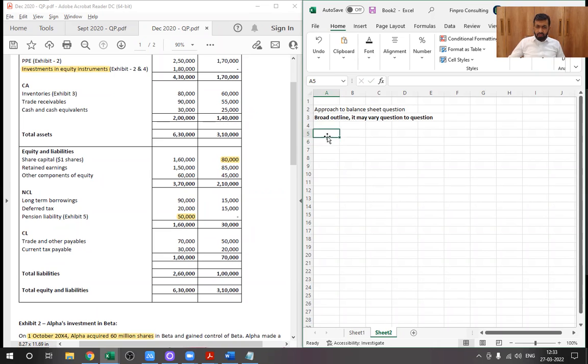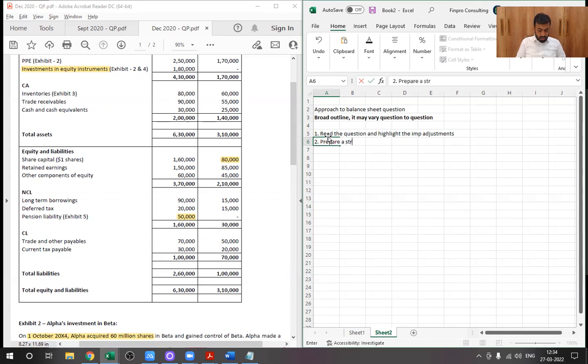The first thing which you should do is read the question, and highlight the important adjustments. Second, you need to prepare a structure for the balance sheet.